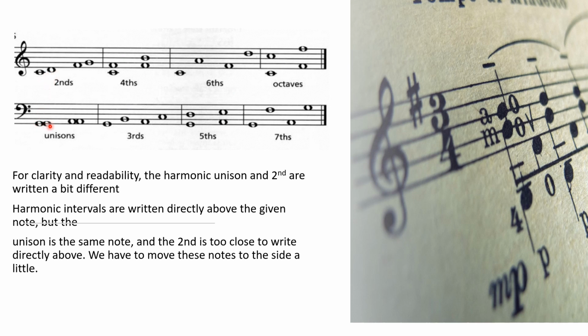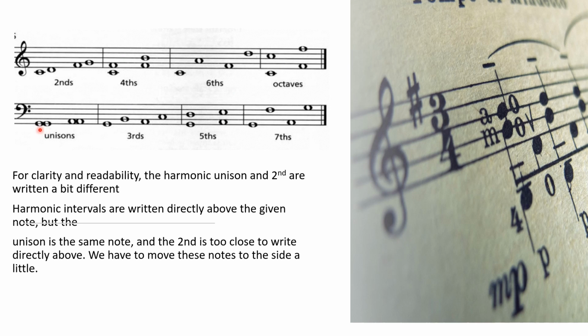But if we were to write a harmonic interval, you have the note written just above each note. If you put this note having the same pitch on this one, you're almost not able to read it. So it's written just beside the note to indicate harmonic interval, so as not to confuse it with a second interval.